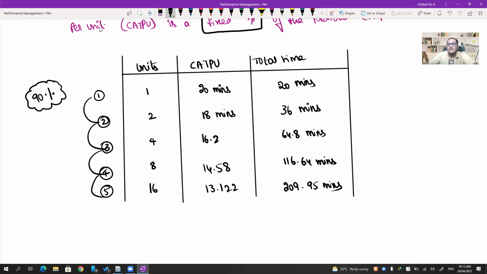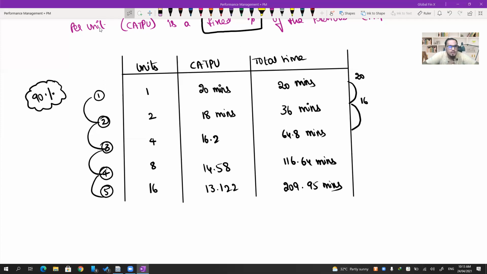Can somebody tell me? Third batch, time taken per unit. For the third batch, from 2 units to 4 units, what is the time taken per unit? For the third unit and fourth unit, what is the average time taken?